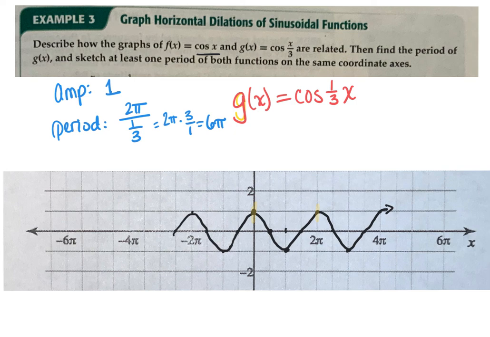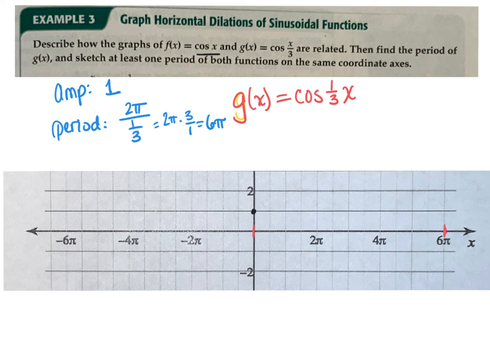The easiest way to do this is take 6 pi, find the halfway mark, then find the halfway marks in between there. So I'm going to take this graph off for just a second so that we can do the new one. Then let's divide. We have my starting point and my ending point.